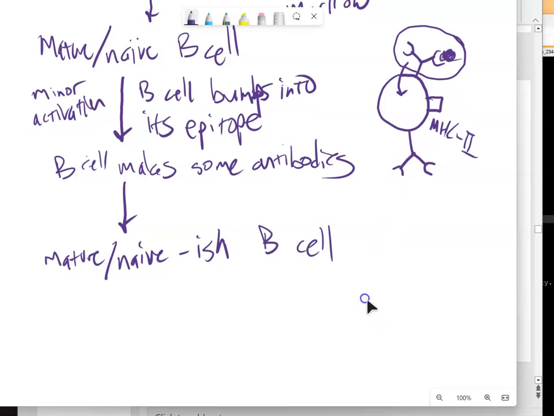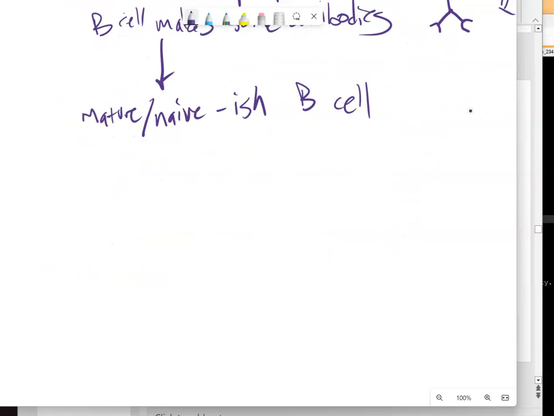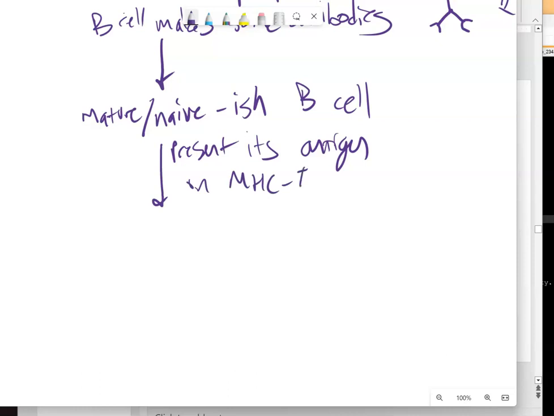So it's going to present its antigen, whatever it attached to, on MHC2 to a helper T cell type 2.